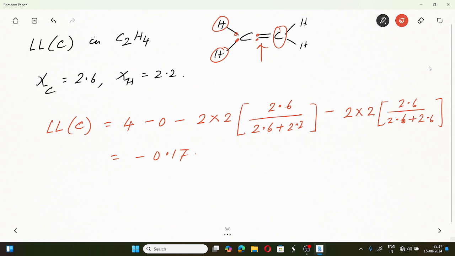Now this idea can also be extended, it can be combined with the concept of resonance. So I'm giving a problem related to this.